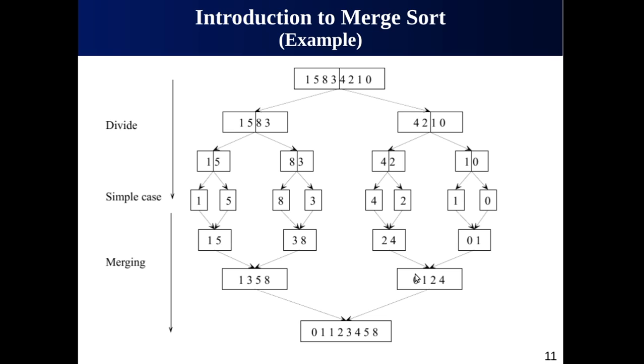Each pile is already sorted, and we know that on each pile the smallest card is on top. Here the smallest card is 1, which is on top of the pile, and here the smallest card is 0, which is also on top of the pile.